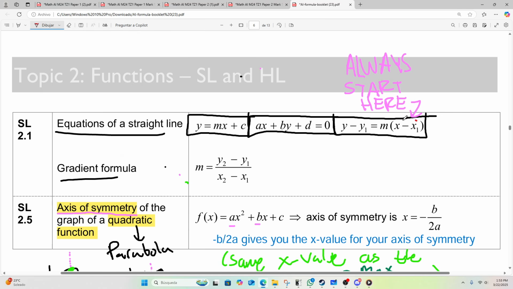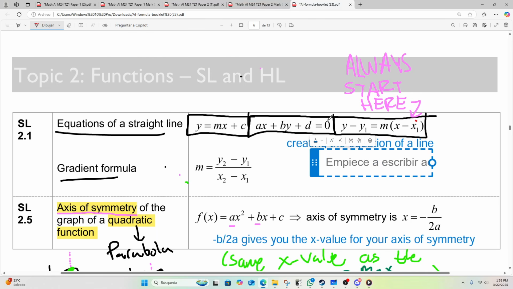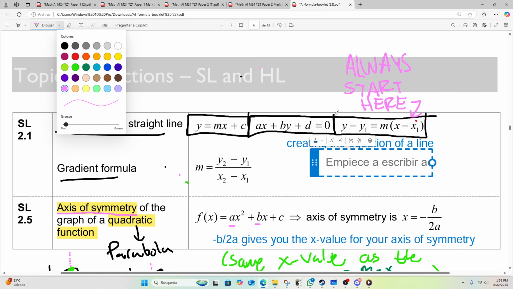And so for using this formula, the key concept is to create a line, where they give you a slope and a point and you create the line. So basically this is a guide for creating the equation of a line. For creating the equation of a line, always start here, with the one I'm putting in pink.